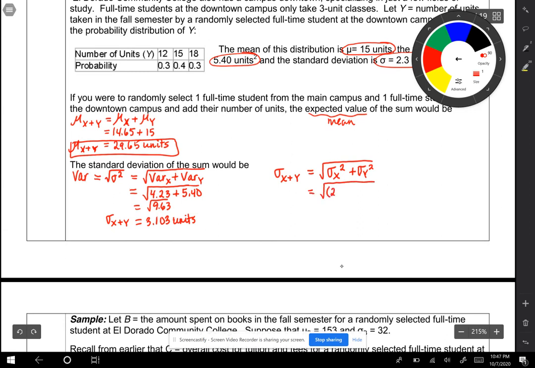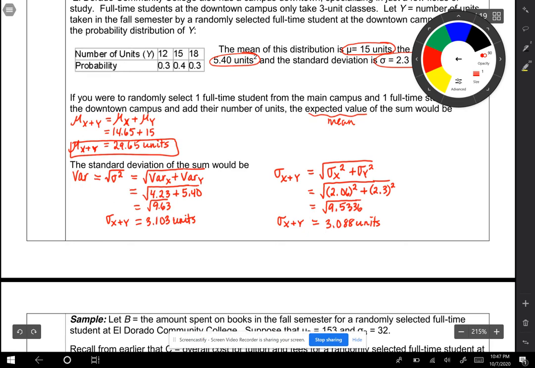So it'd be 2.06 squared, which gives us that 4.23, plus 2.3 squared, which would give us that 5.4. And that gives us, well, not exactly 5.4, and I'll show you why. If you add those, you get 9.5336, which gives us a total of 3.088 units, and that's the standard deviation of x plus y.